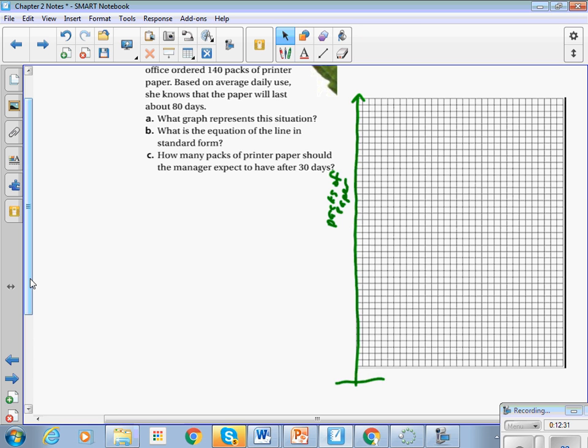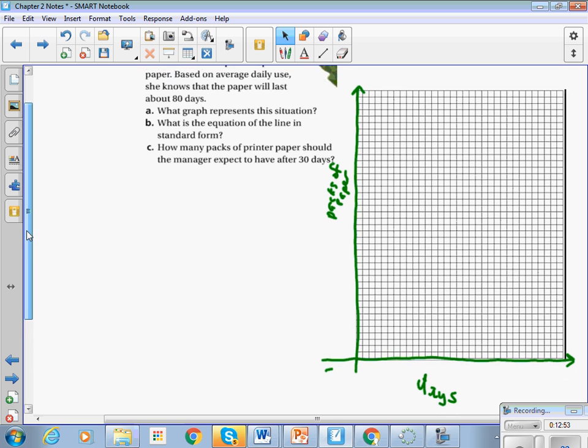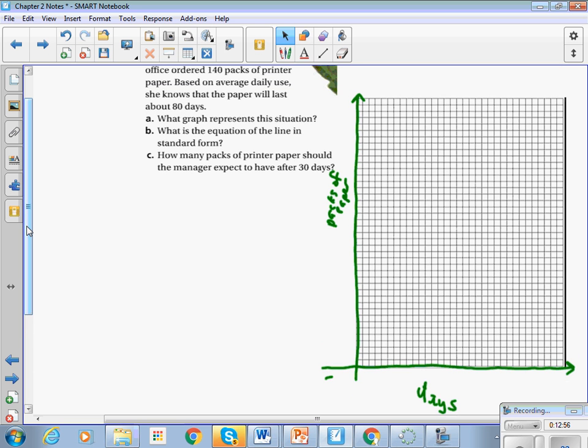And this is going to be our x, and this will be our number of days. So let's put our 2 points that we know.